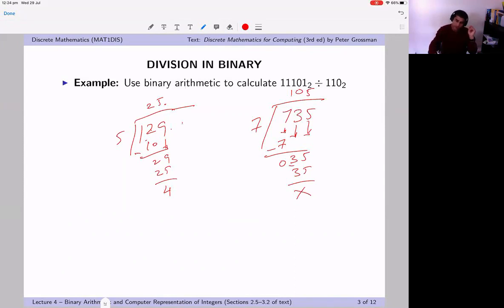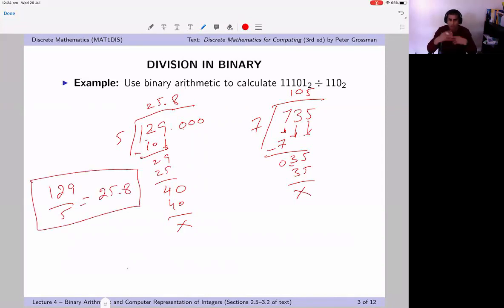In the fractions, you can add as many zeros as you like. So you put 0 here, and 5 times 8 is 40. When you divide 129 by 5, your answer is 25.8. You learned these methods at school a while ago, so you may have forgotten, but we are trying to remember them again now.